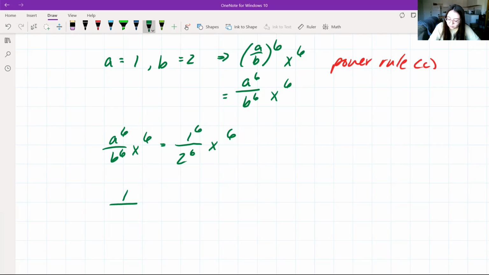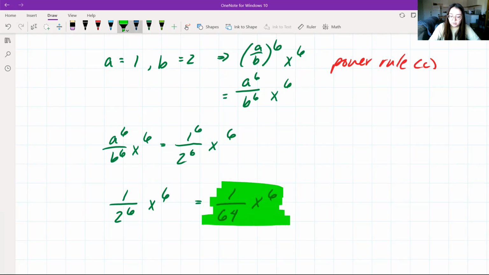So we really have 1 divided by 2 to the power of 6 times x to the power of 6, where we can find 2 to the power of 6. And it's going to give us 1 divided by 64 times x to the power of 6.